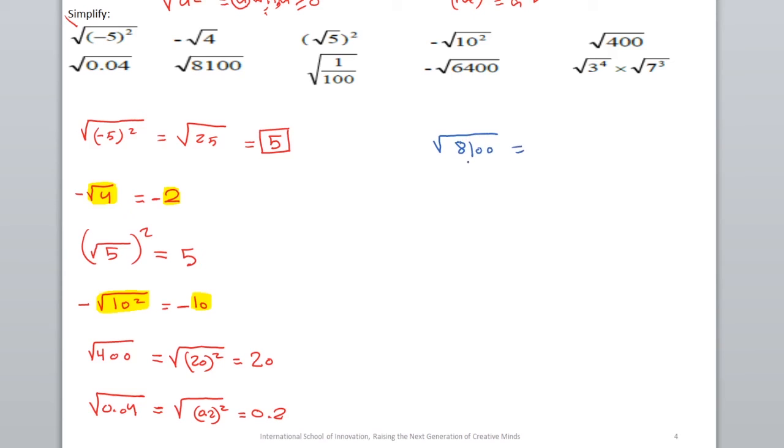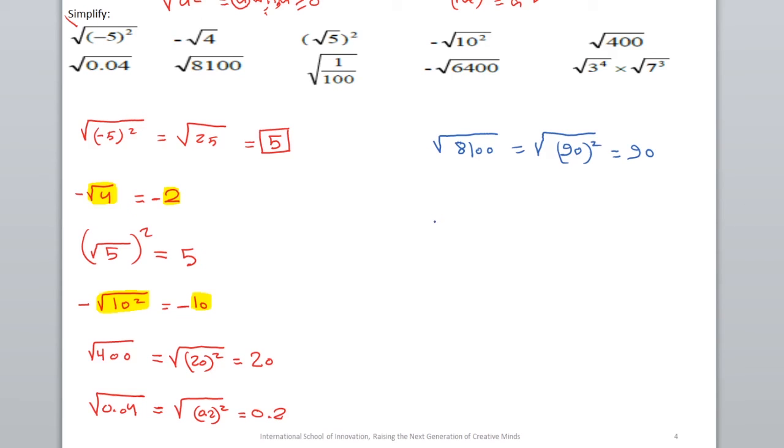I know that 9 times 9 is 81, so 90 times 90 is 8100. So it's radical 90 squared, and it's equal to what? Equal to 90. Clear?